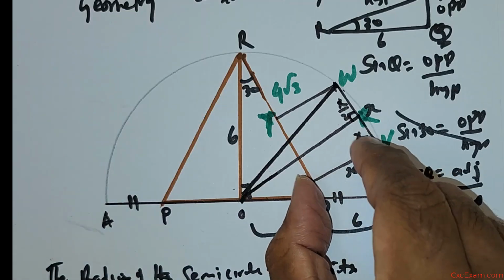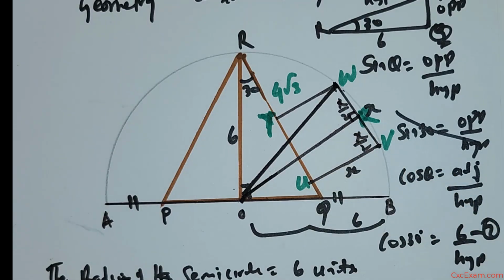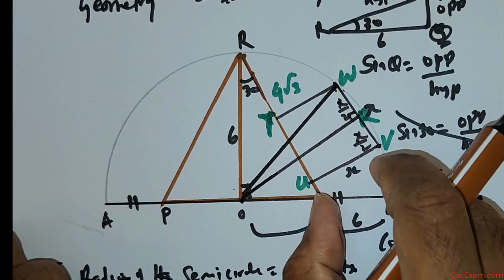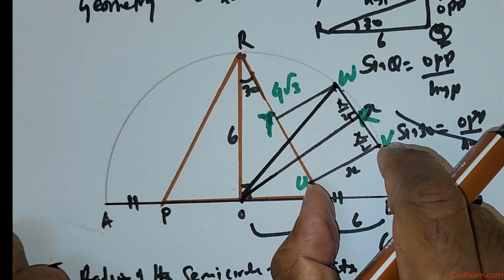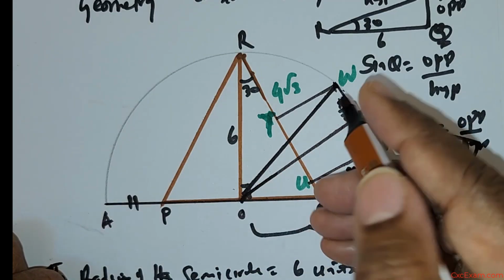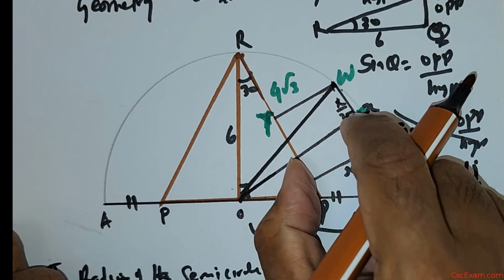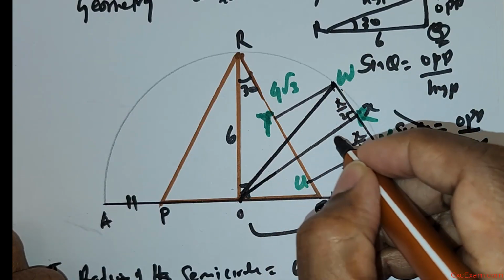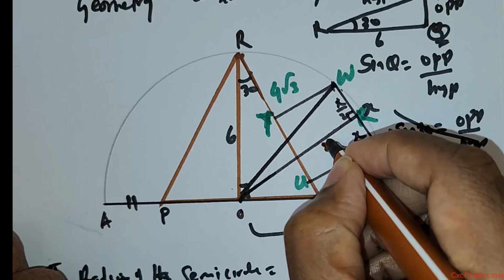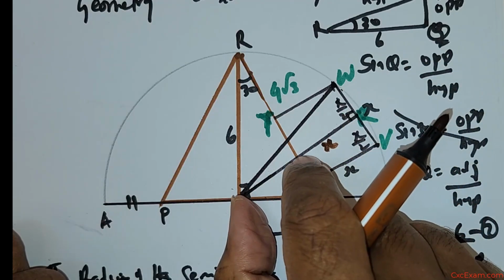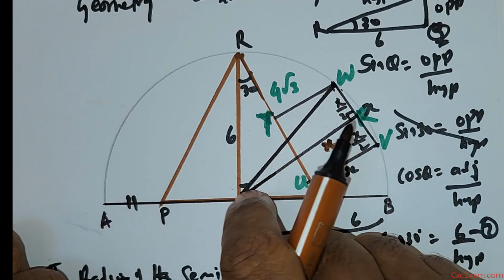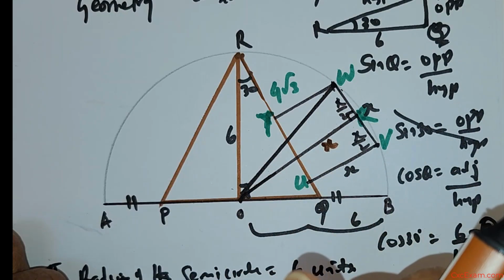Now clearly this side, which we already assigned as x, is a bisector, so this length is going to be x, and this length is going to be x. I want to get this length. Why? Because I can apply the Pythagoras rule.